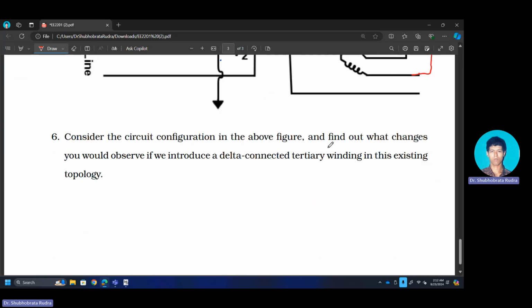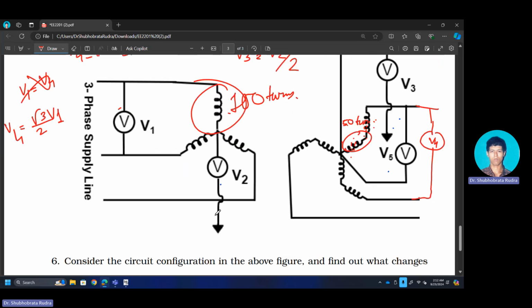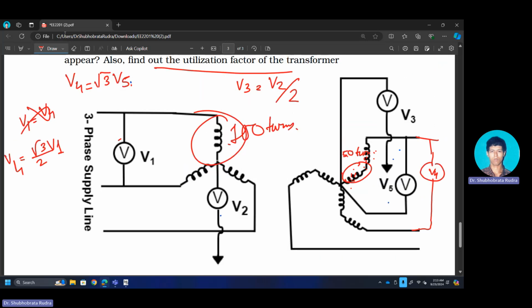Consider the circuit winding and find out what changes you would observe if you introduce a delta connected tertiary. Only change the delta connected tertiary you will introduce here, and look at the reading of the voltmeters V2 and V3. The delta connected tertiary will allow flow of third harmonic current in this winding.